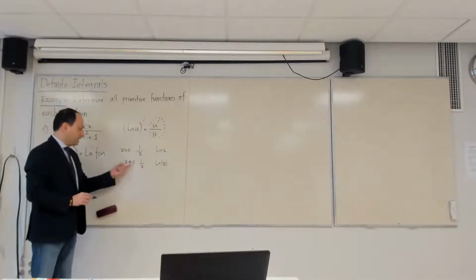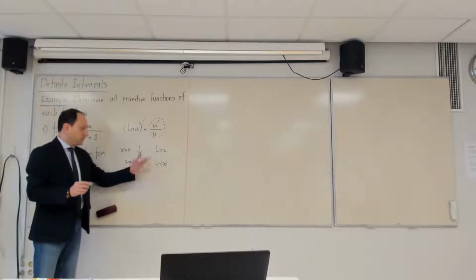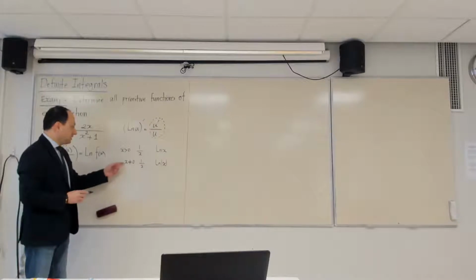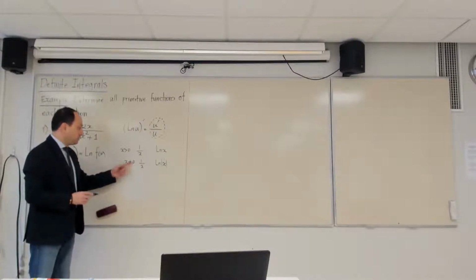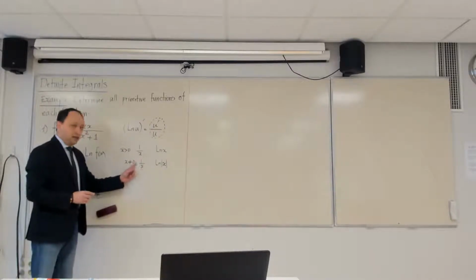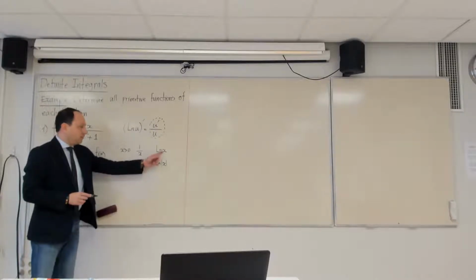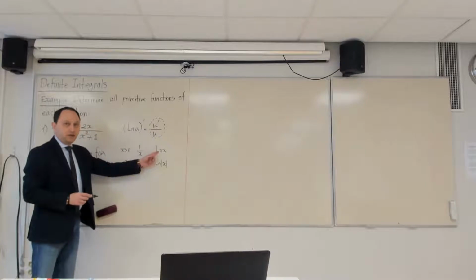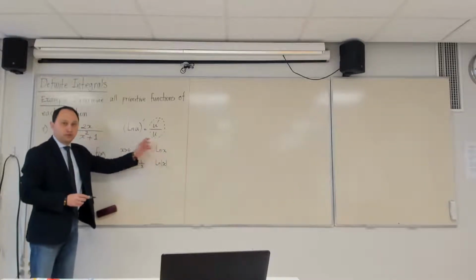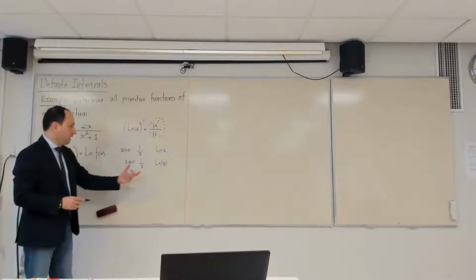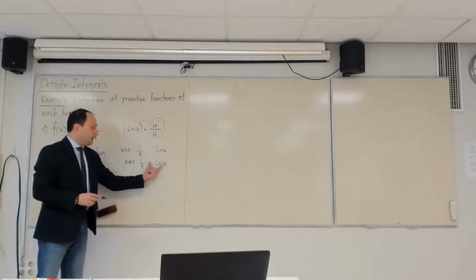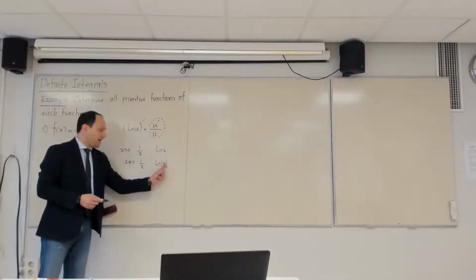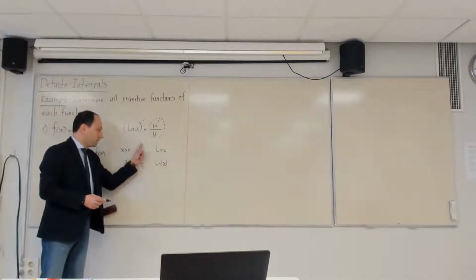Of course, x cannot be equal to 0 because ln of 0 is not defined, and 1 over 0 is not defined either. But if x is not equal to 0, this is okay. Still, ln of x is not okay, because if x is negative, ln of x becomes undefined. Ln of a positive number only makes sense in the real number system. Then I showed that the derivative of ln of the absolute value of x is again the same function.